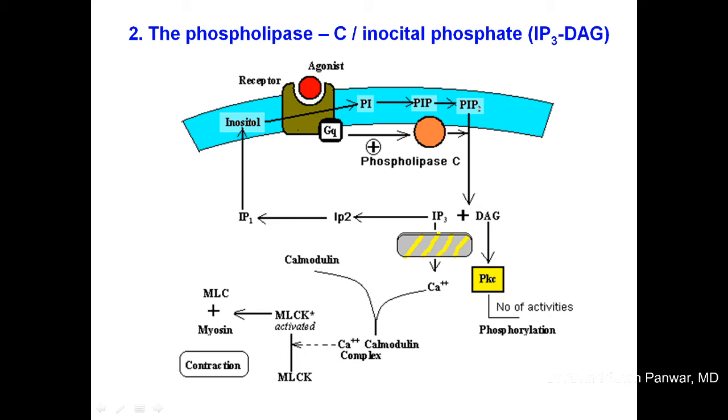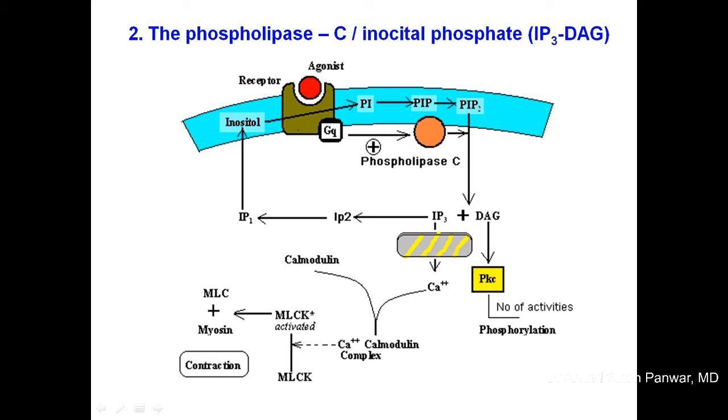As you see in the diagram here, when the agonist binds with the receptor, the Gq protein gets stimulated, ultimately activating phospholipase C, which breaks PIP2 into IP3 and DAG. This IP3 causes release of calcium from the storage, while DAG stimulates PKC. This PKC has a number of activities that are brought about by phosphorylation.